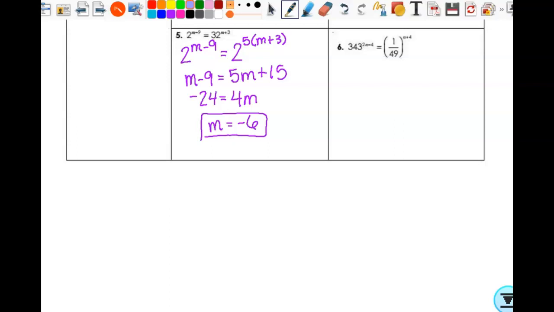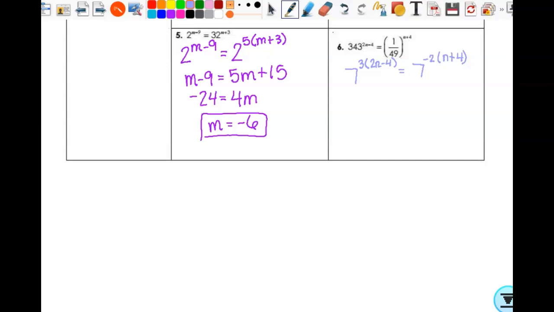So this 343 I can change into 7 to the 3rd power, and then I have to multiply that by 2n minus 4 equals, and if I want this base to be 7, what is my exponent going to be? Negative 2. Okay, good. And then that's times n plus 4. Right, because remember that negative gets you the reciprocal.